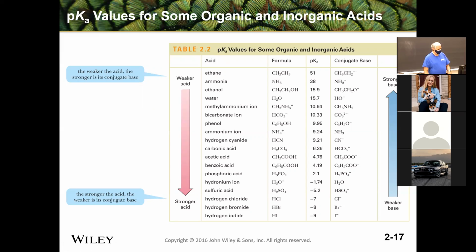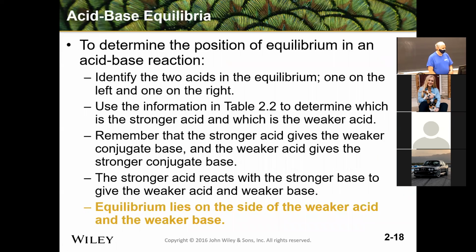So hydrogen bromide would have a Ka of 10 to the 8th, since its pKa is minus 8. The direction of an acid-base equilibrium is always from stronger to weaker. It always favors the weaker conjugate acid-base pair.